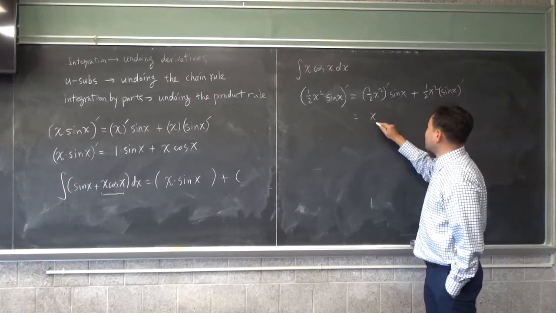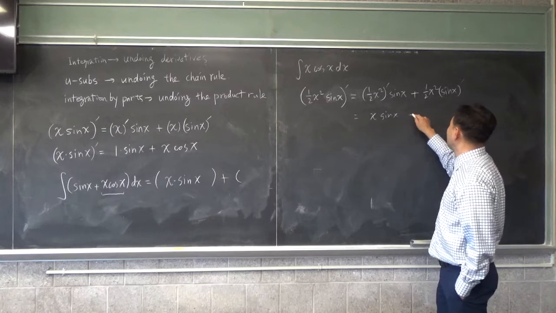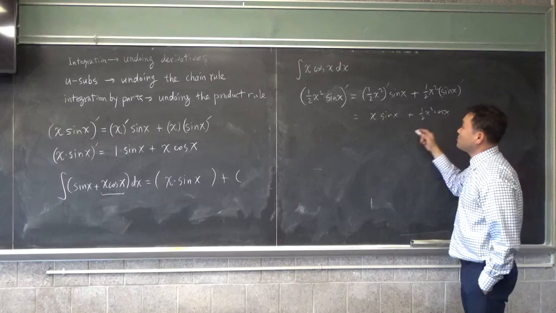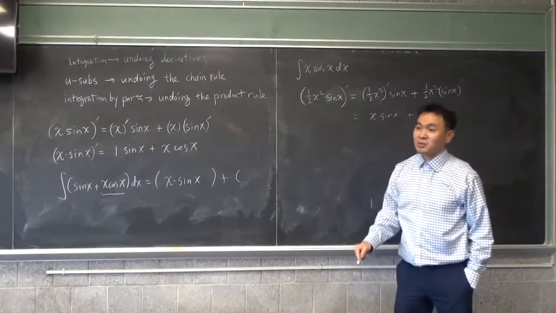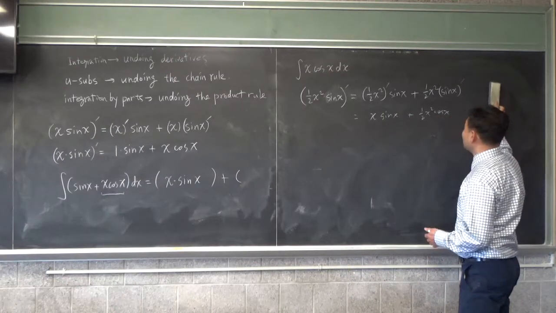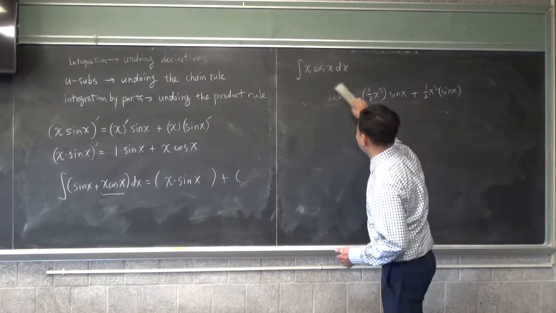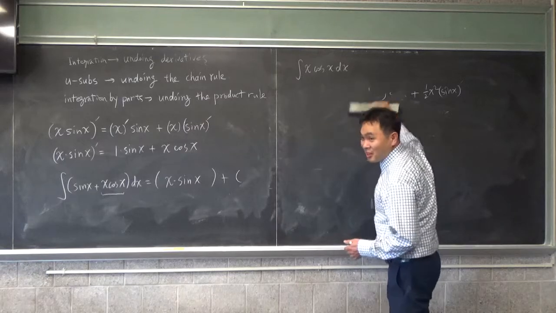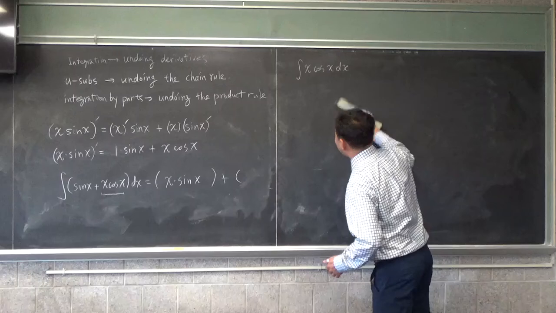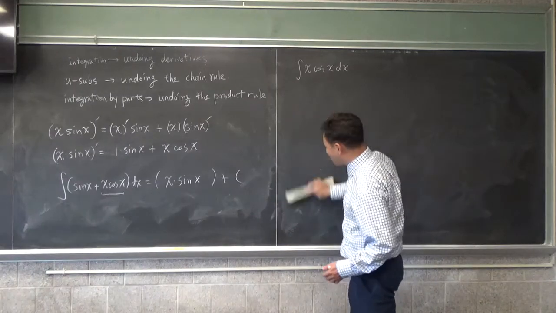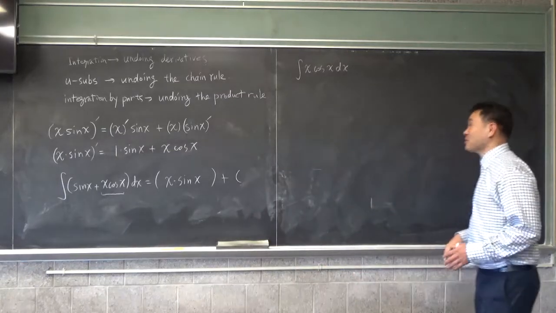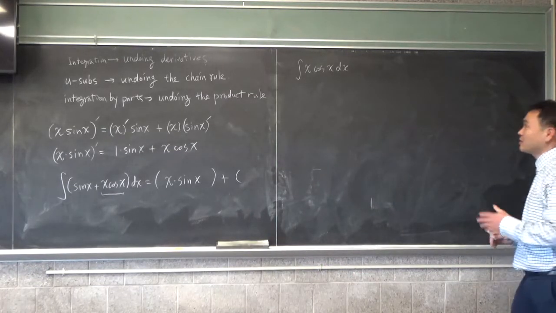And this gives you x sine x plus 1/2 x squared cosine x. And none of these look anything like the question, right? So this must be wrong. And so don't do that. This is what some people who didn't study for the exam crammed the night before and totally misunderstand what the object is, and that's how you would fail in class. Okay? Don't do that. All right.